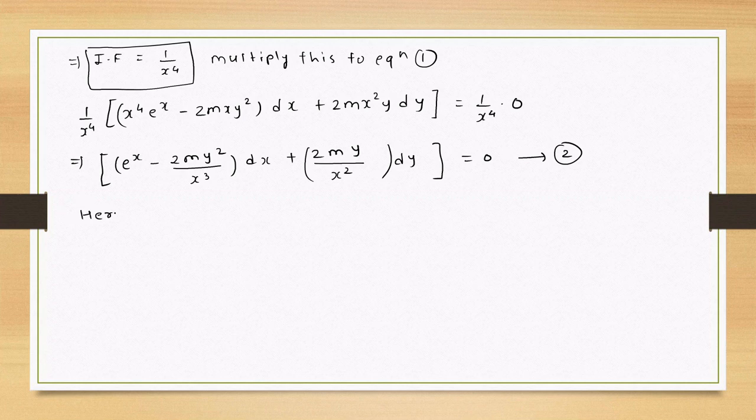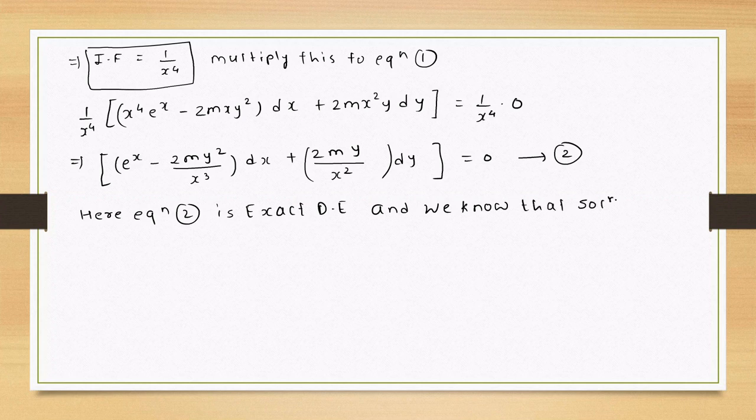So here equation 2 is an exact differential equation. Okay, so there is no need to check whether the given differential equation is exact, because it is by default exact, because we have multiplied by 1 upon x raised to 4 to get it converted into an exact one. Now, we know that the solution to an exact differential equation, what is that?